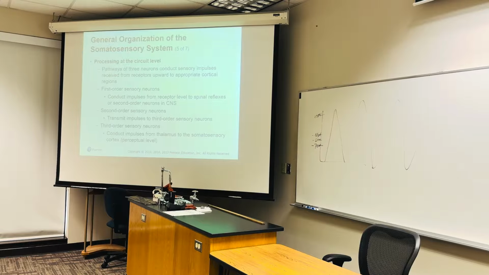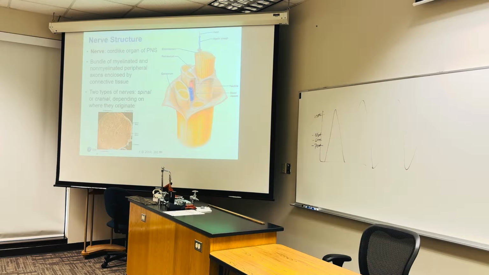So do you understand the levels of information going from your receptor to the actual sensory part of your brain, right? You already know the different parts of the brain responsible for each type of sensation. To go to that specific part of your brain, the impulses have to go through the first order, second order, and third order sensory neurons.